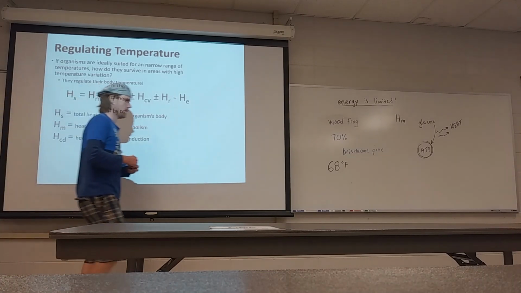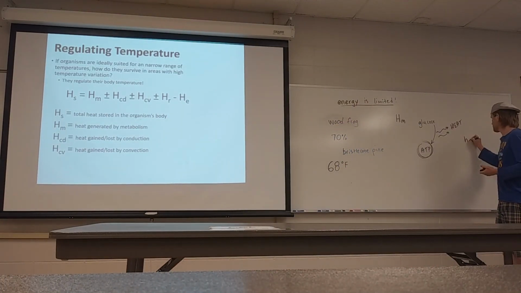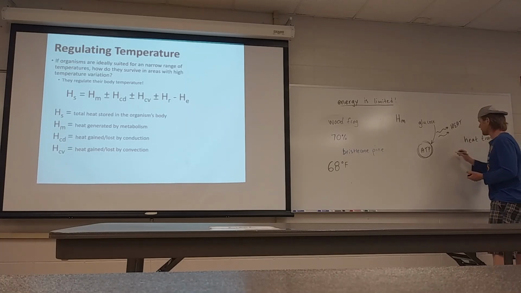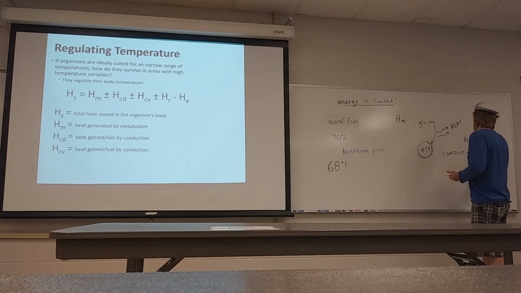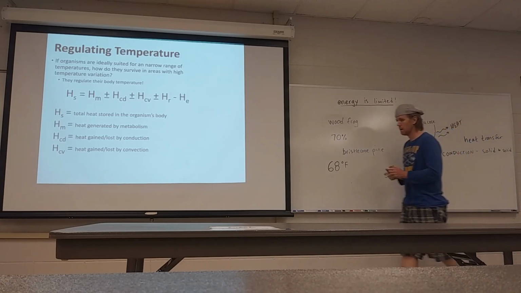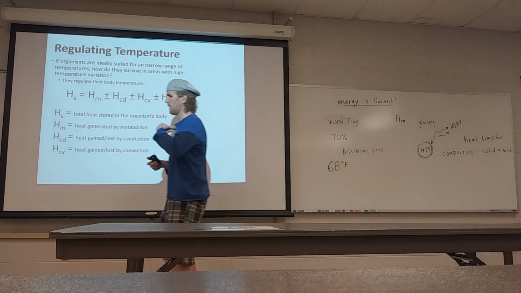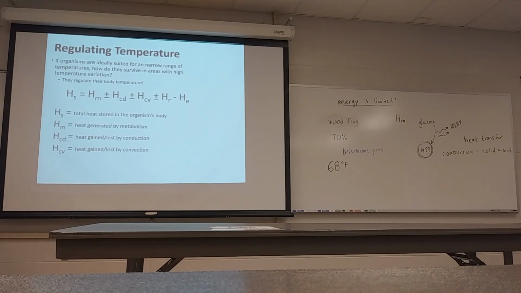Conduction and convection, the next two, have to do with heat transfer. Let's start with conduction. Conduction is heat transfer from solid to solid. One thing my cat used to like to do was sit on top of the dryer when it was running because the heat would warm her body.